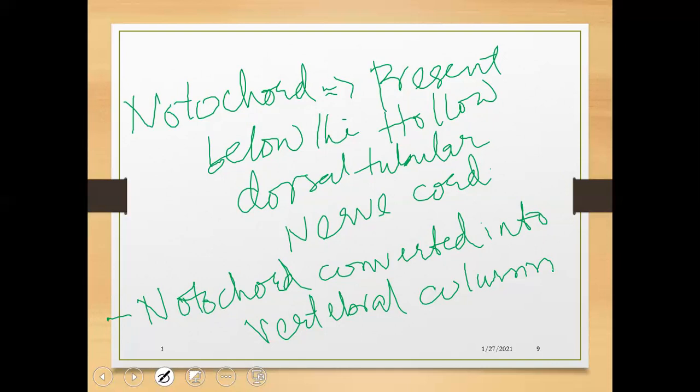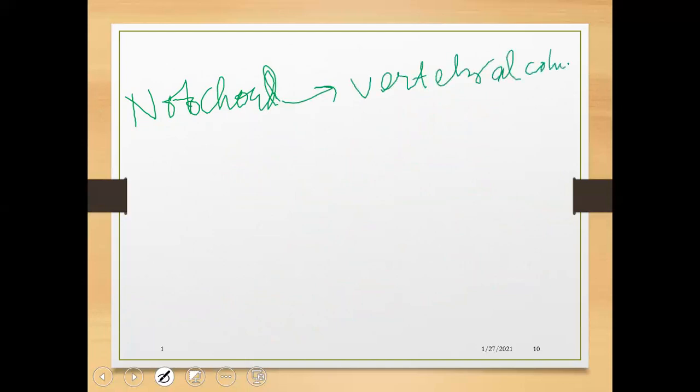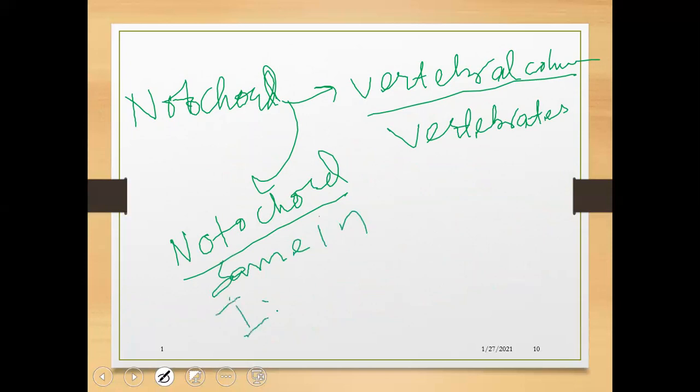In vertebrate chordates, the notochord is converted into the vertebral column, while in invertebrate chordates the notochord remains a notochord inside the body.